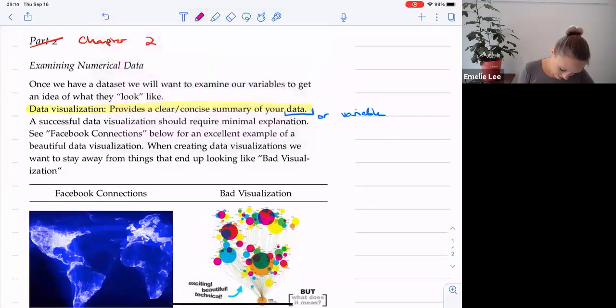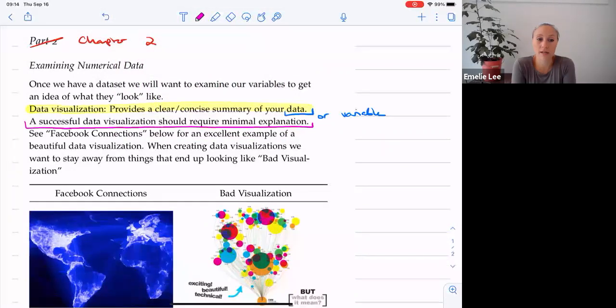A successful data visualization should require minimal explanation. That's something I want you to internalize as you're creating graphs later. Take a step back and think, someone who doesn't know what's going on here, are they going to be able to look at it and understand?